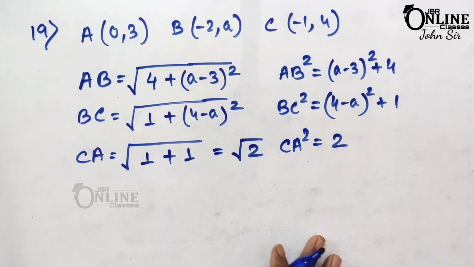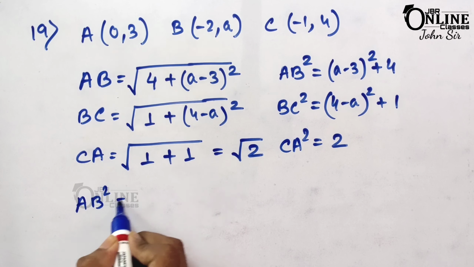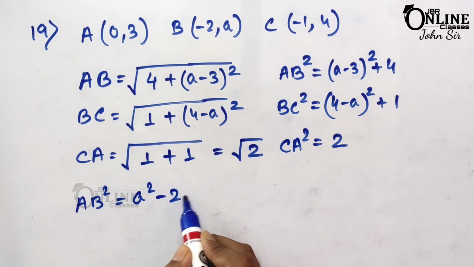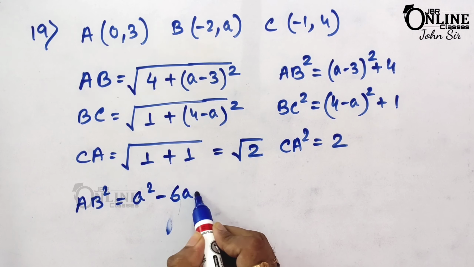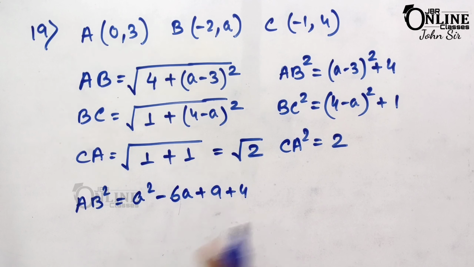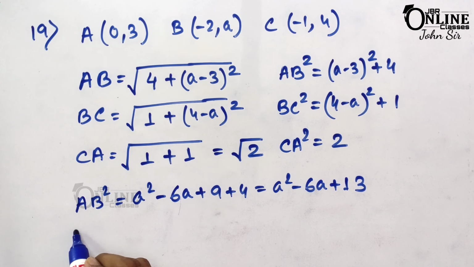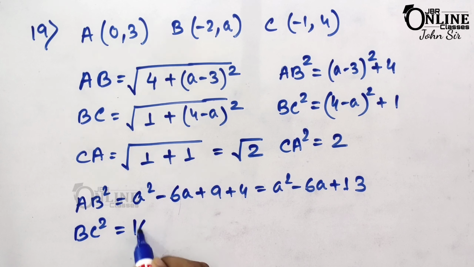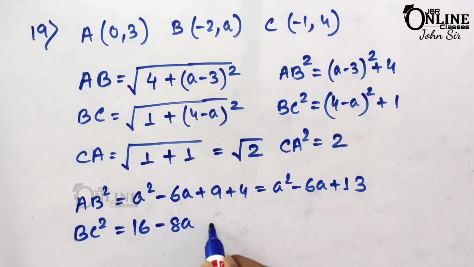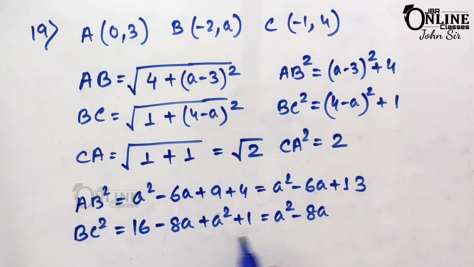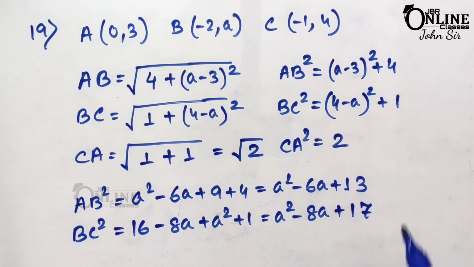Now if you break this AB square, you will get A minus 3, that means A square minus 2 into 3, so it's 6A plus 9 plus 4, and that equals A square minus 6A plus 13. Then BC square equals 16 minus 8A plus A square plus 1, so it will be A square minus 8A plus 17. And CA square equals 2.